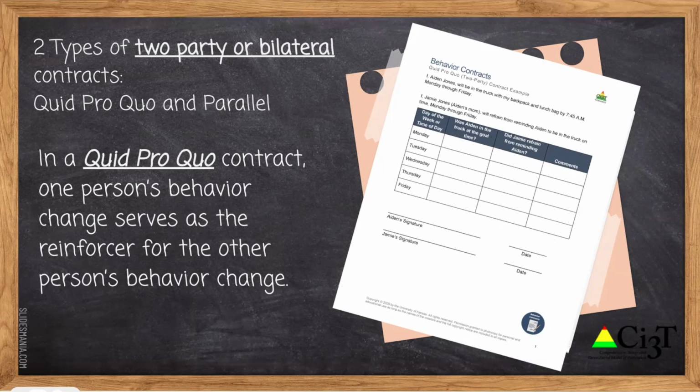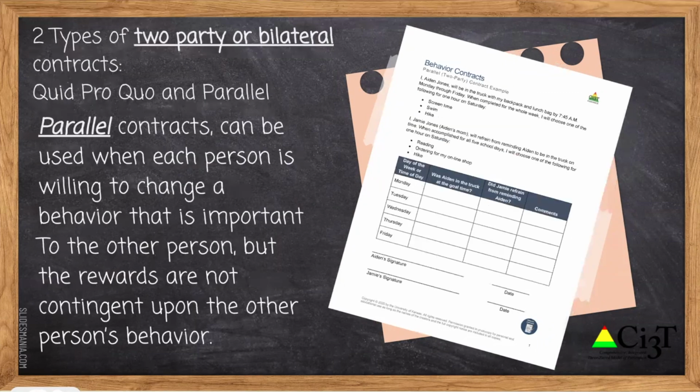So him cleaning his room is reinforcing to me because that's what I want to see, and me not nagging or aggravating or harping on it is reinforcing to him because he doesn't want to hear my mouth. So he cleans his room, I'm reinforced. I don't gripe at him or complain, he's reinforced. So our behavior change serves as a reinforcer for the other person's behavior change.